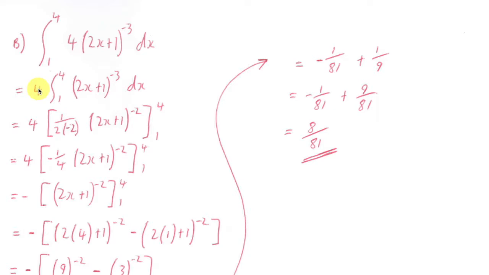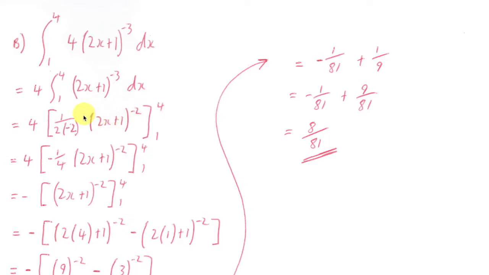I'm now going to work out the antiderivative of this expression. Remember the technique when you've got a linear factor raised to a power. It's going to be 1 over the coefficient of x, so that's the 2. We lift the power up by 1, so negative 3 becomes negative 2. That's where the negative 2 comes in. I have my linear factor raised to the new power.